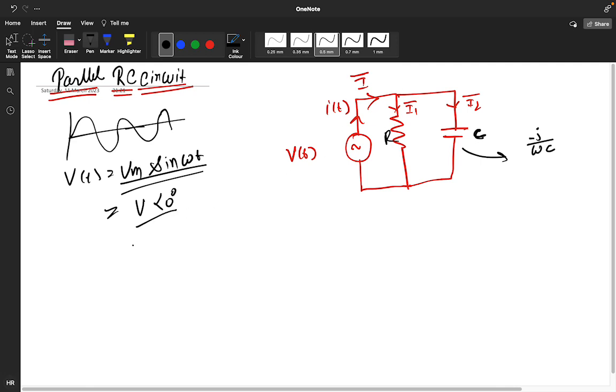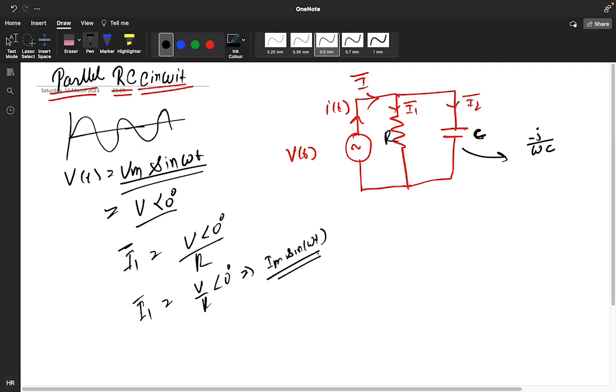So what will be the current? I1 current is V at an angle 0 divided by R. So I1 is V by R at an angle 0 degree, or you can write Im sin omega t. What about your I2 current? V at an angle 0 divided by Xc.